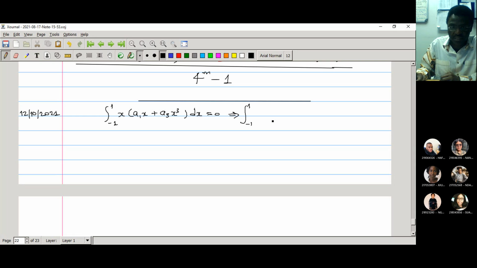So if we expand this, we have the integral from -1 to 1 of A1x squared plus A3x to the 4th dx equal to 0.